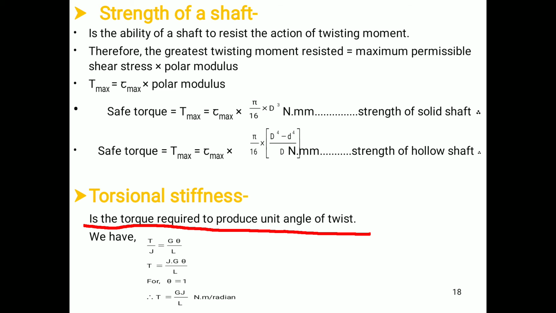As discussed earlier, we have the torsional formula T upon J, which is equal to tau max upon capital R, which is equal to G theta upon L. In that we are going to concentrate on two equations, that is T upon J equal to G theta upon L, and from that equation we will find out the torque required to produce the unit angle of twist. Unit angle of twist means the angle of twist is 1.